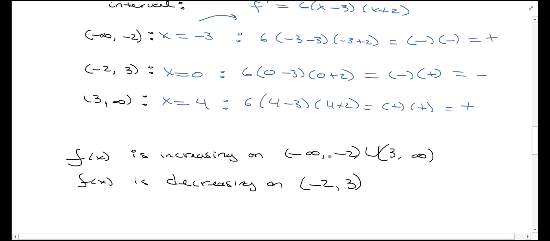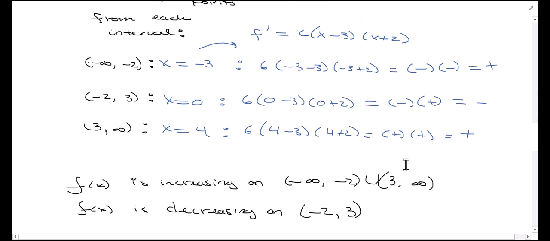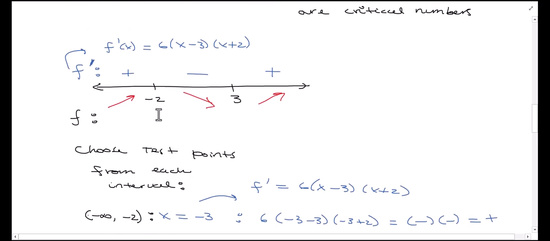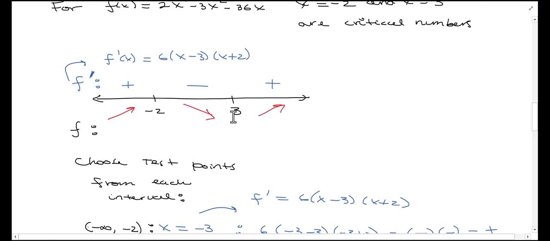These are always open intervals, so not including the endpoints, because at those points, which are critical numbers, the function is neither increasing nor decreasing. The slope of the tangent line there is 0, the derivative is 0, or undefined, right? That gives us the critical numbers. In this particular case, negative 2 and 3 is where the derivative is 0. So oftentimes you'll see that I'll write a little 0 here.